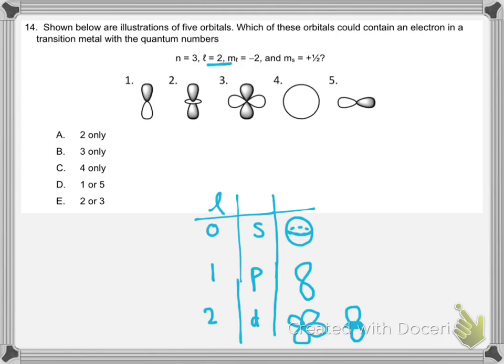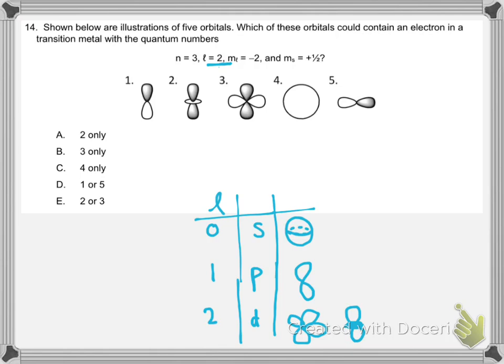And so if L is equal to 0, that means we have an S orbital, which will have a spherical shape. If L is equal to 1, it means we have a P orbital, which has that dumbbell shape.